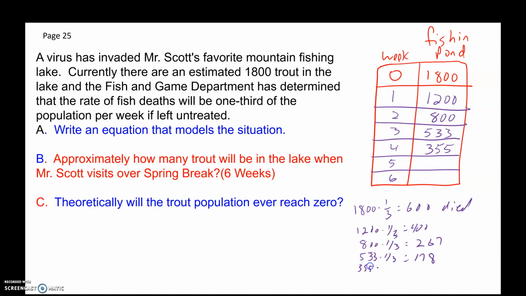So now 355 times 1/3 gives me 118.333. That rounds down to 118. So 355 minus 118 leaves me with 237.